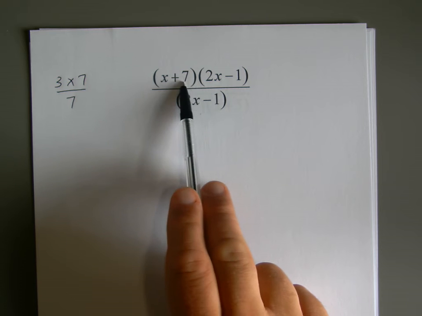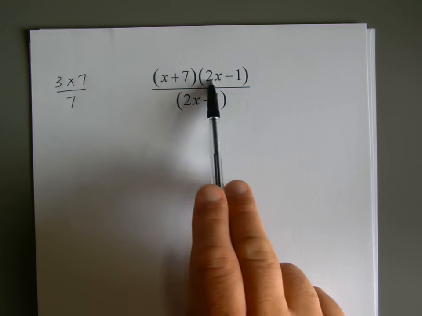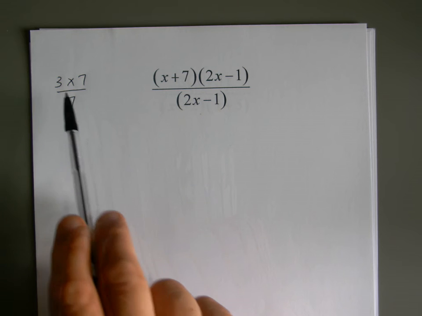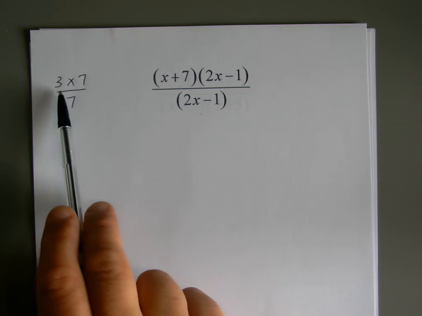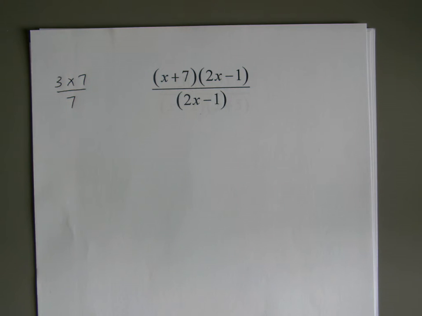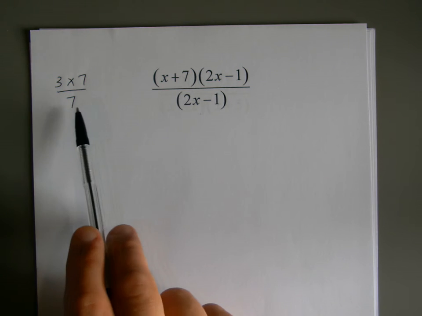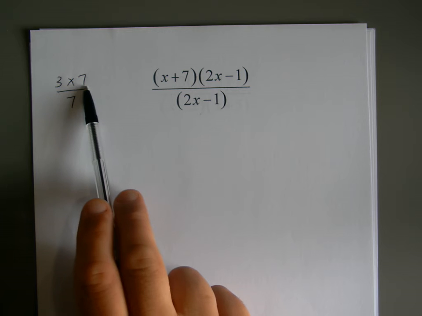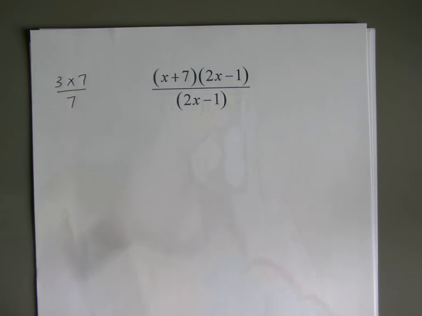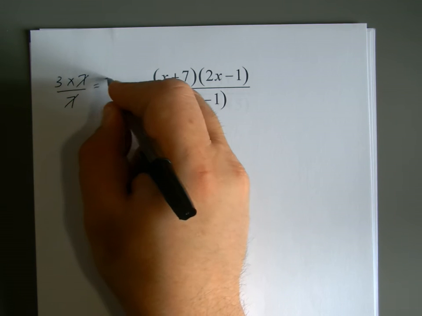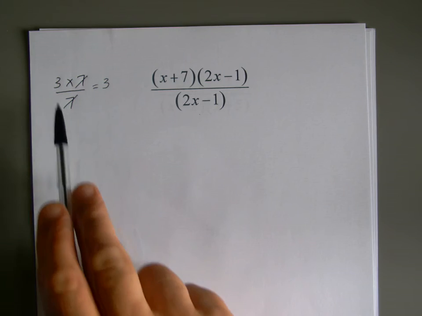This bracket times this bracket, and then you're dividing by this bracket. It's a similar situation with the numbers, because I'm multiplying two things together and then dividing by 7, the same as the 7 here. What you'll find is that I could just cancel those 7s, and I get 3. So I just end up with that.